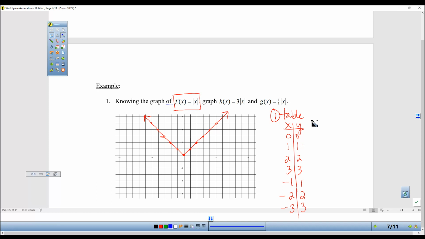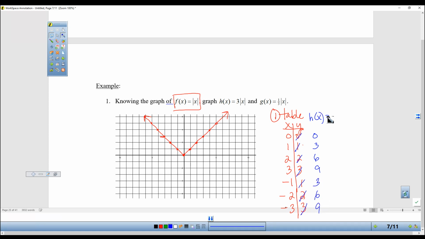And then when I want to do h of x, I see it's just 3 times the absolute value of x. So I literally cross every single one of these off and I multiply by 3.